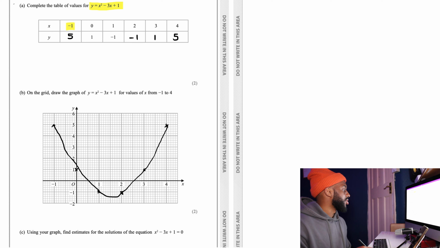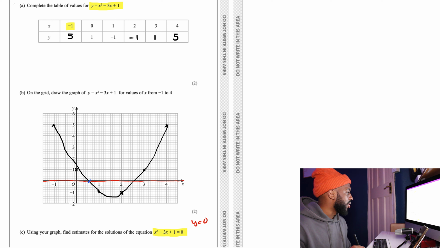Part C wants us to find estimates for the solution to this equation here. If you notice, this equation is the same as this equation above, except y now equals 0. So we find the line where y equals 0, which is just the x-axis, and we see where that line crosses the graph.